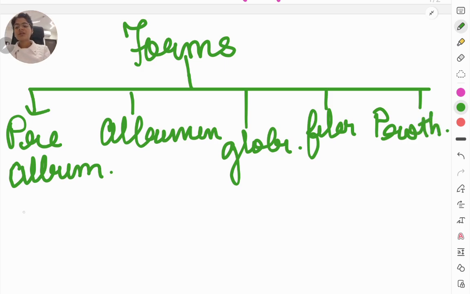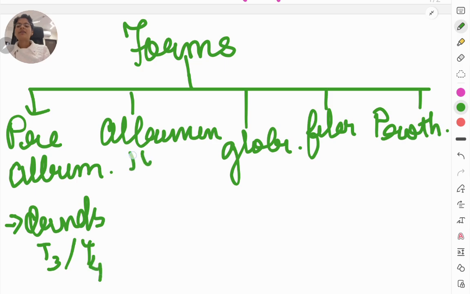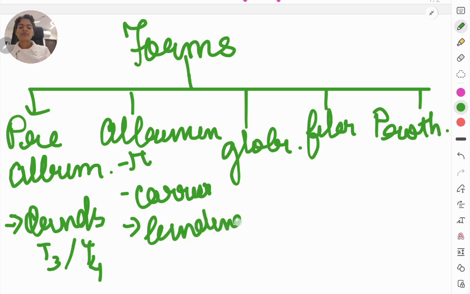So prealbumin binds to the thyroid hormone T3 and T4. Albumin is responsible for maintaining osmotic pressure. Colloidal osmotic pressure is also called oncotic pressure. Also, it acts as a carrier protein, and it helps in binding.